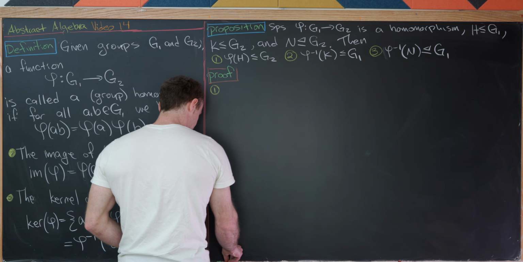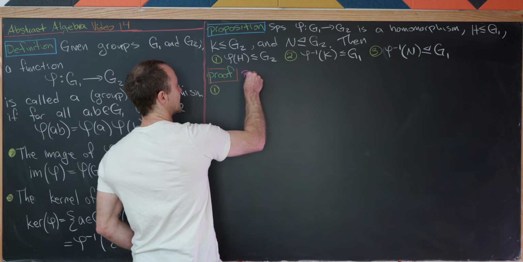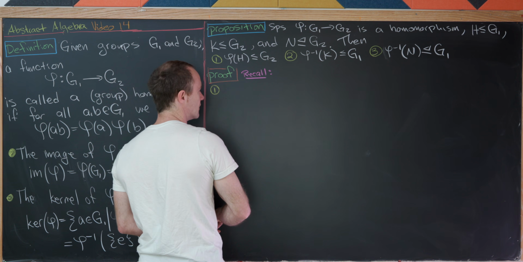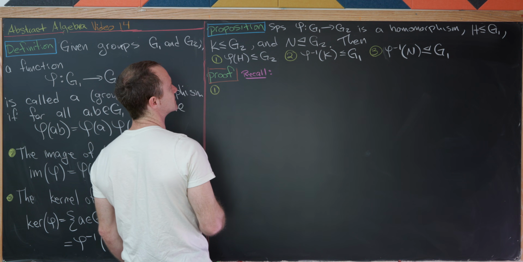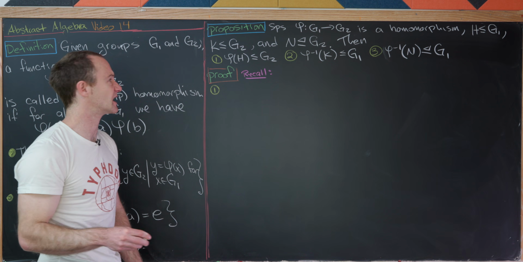And then maybe since we're going to use that a lot here, let's recall what the subgroup test is. So maybe I need to use a little different letters here because I've taken up G1 and G2 and all of these kind of things.